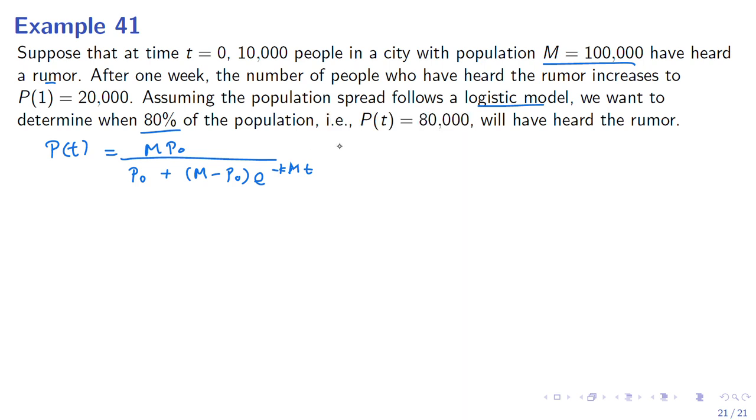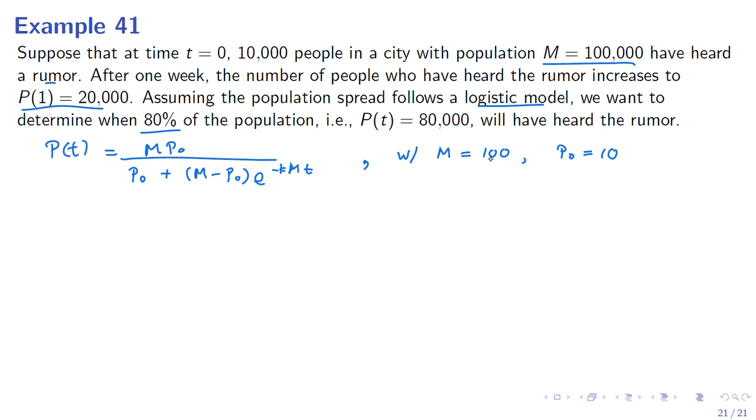That's the population, the solution for the logistic growth model. And then we have M equal 100, that is our carrying capacity, and P naught is 10. Okay, the only thing unknown to us is K. To get K, we can use this data point, P of 1 equal 20,000.